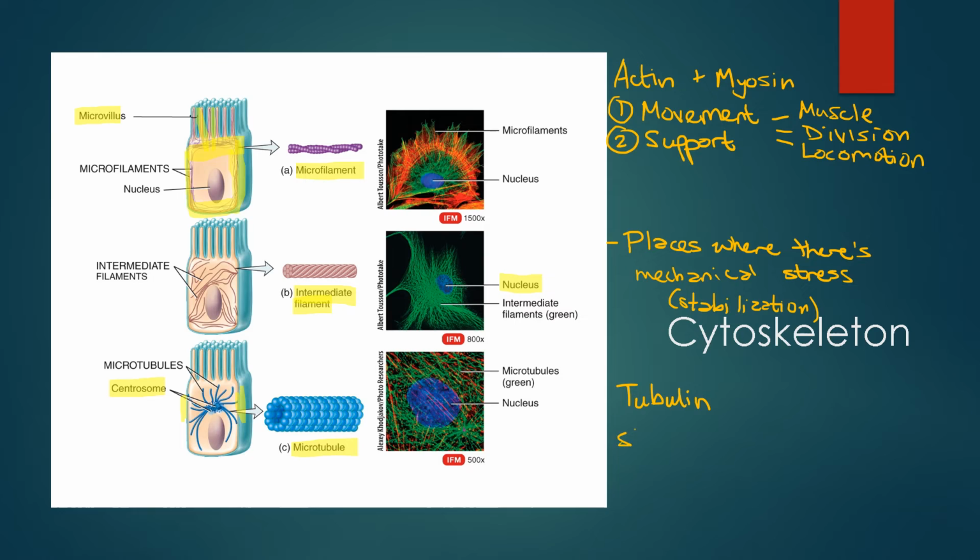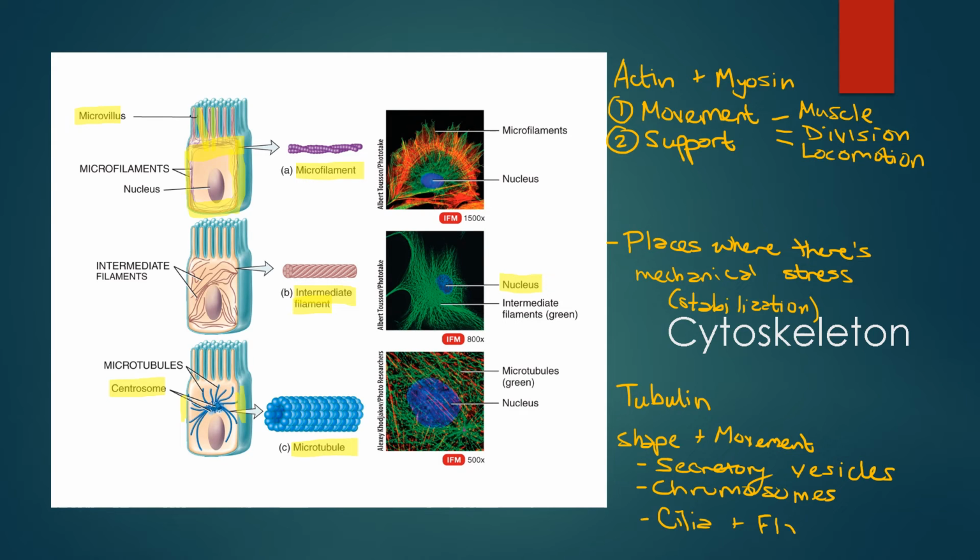So we're going to say they help shape and movement of organelles like secretory vesicles, chromosomes. This is just during cell division. And then specialized cell projections like cilia and flagella.